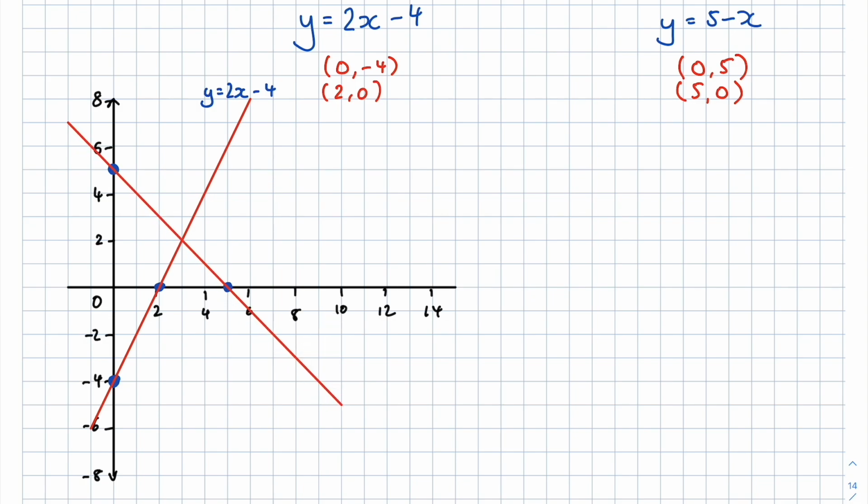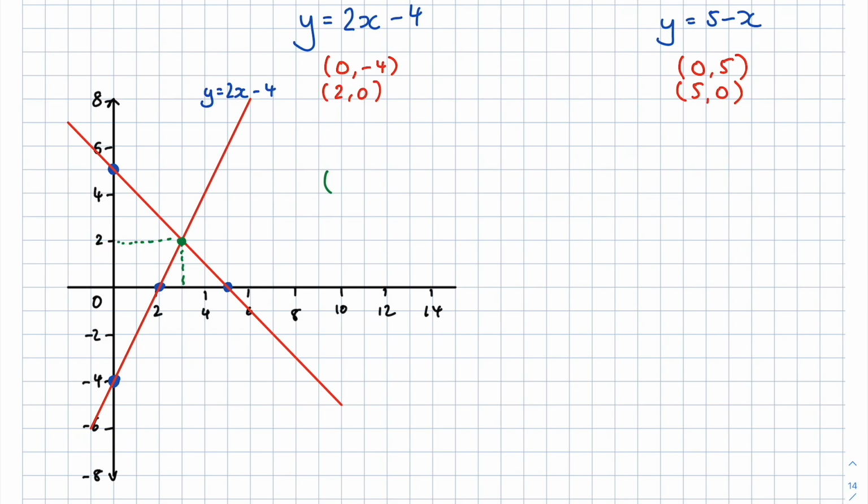Now, when we're solving a simultaneous equation, we're looking for where those 2 lines are equal, or where they intersect. And that's that point there. If we draw a dotted line down, we see that the solution is the coordinate 3, 2, because we're going 3 across on the x-axis and 2 up on the y-axis.